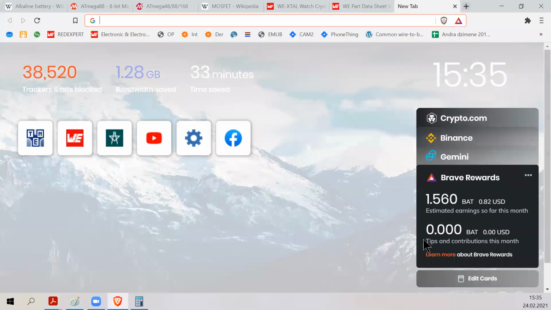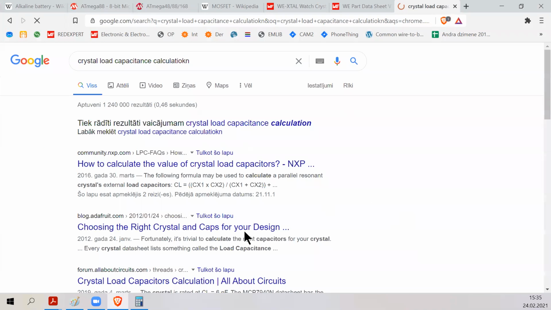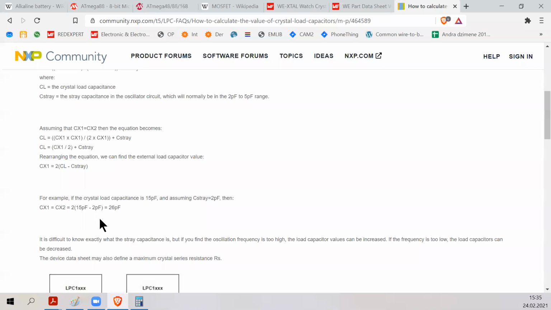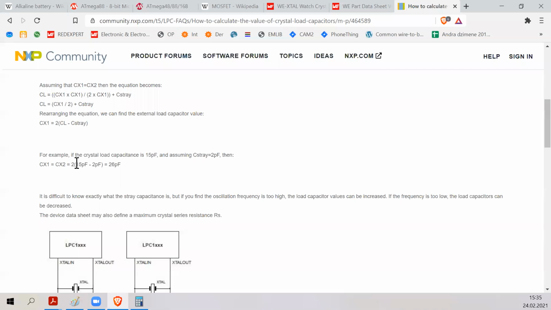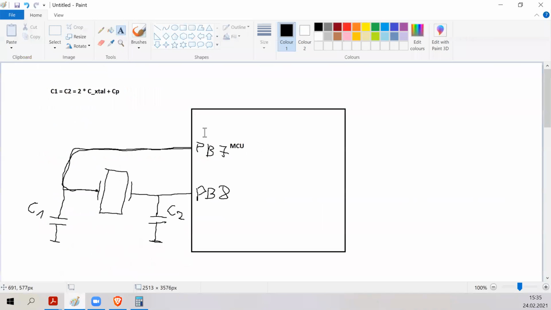Let's check it out. You can also Google it: crystal load capacitance calculation. And here is the formula. Sorry, I wrote it a little bit wrong. It is the crystal load capacitance minus the parasitic, not plus. Load capacitance minus, this is called stray capacitance. So I'll correct this.